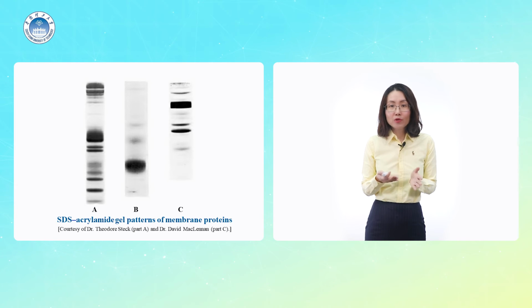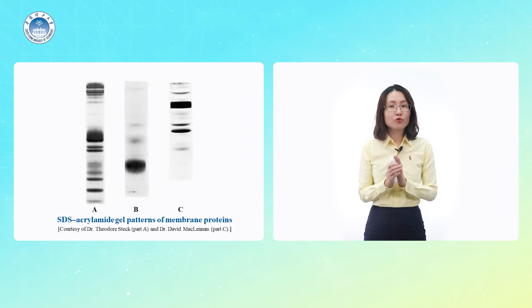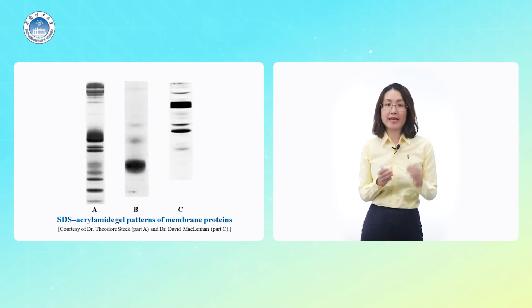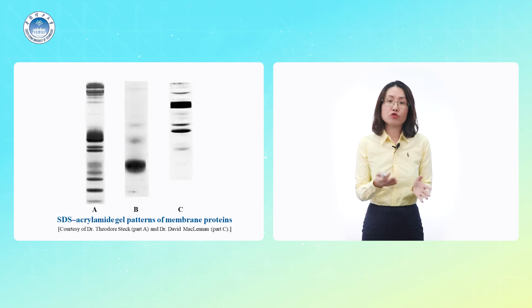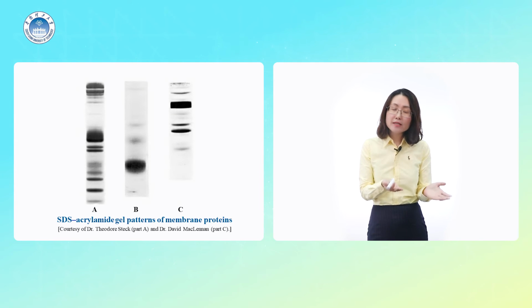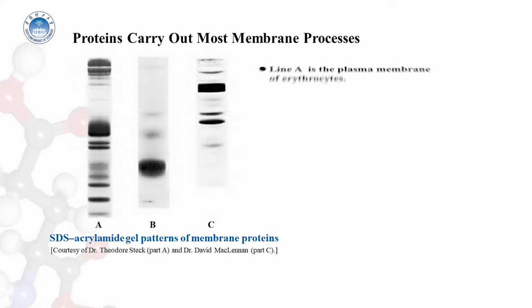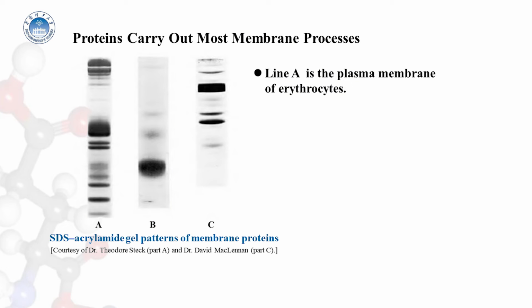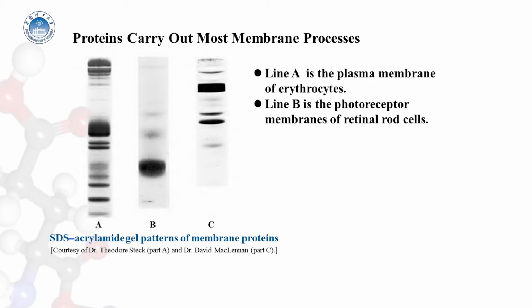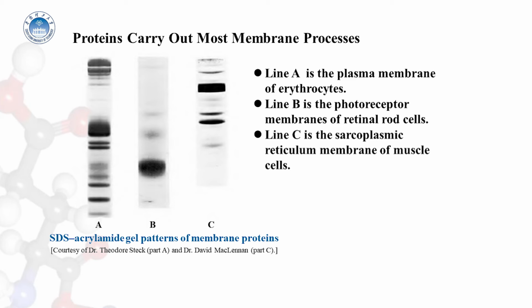The protein components of a membrane can be readily visualized by SDS-PAGE electrophoresis. The gel electrophoresis patterns are of three membranes: the plasma membrane of erythrocytes, the photoreceptor membrane of retinal rod cells, and the sarcoplasmic reticulum membrane of muscle.